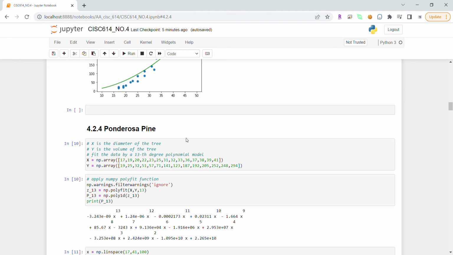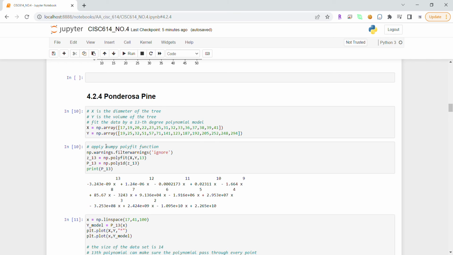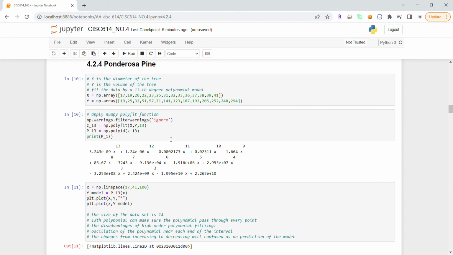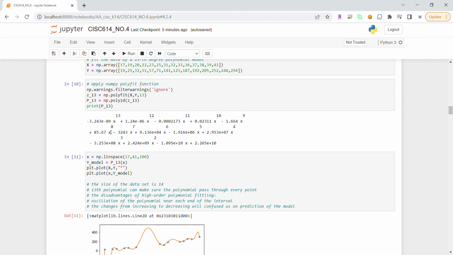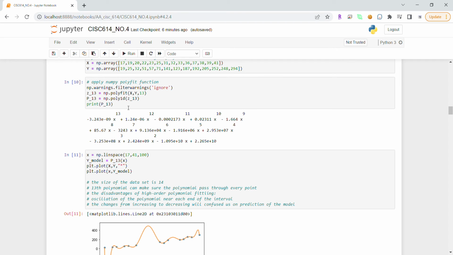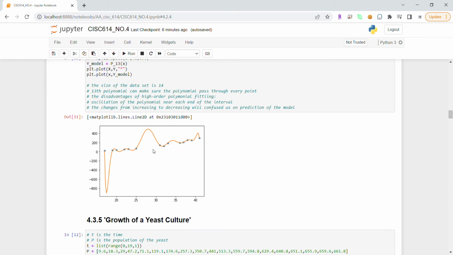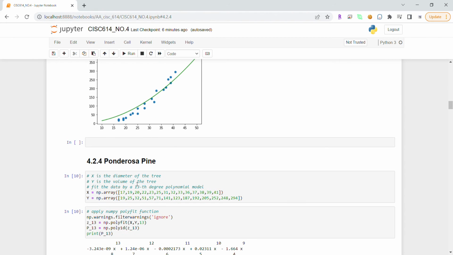I applied the polyfit function in the NumPy library for the fitting, and then we got this equation. Then I plot the model. We got this plot. The size of the data is 14.